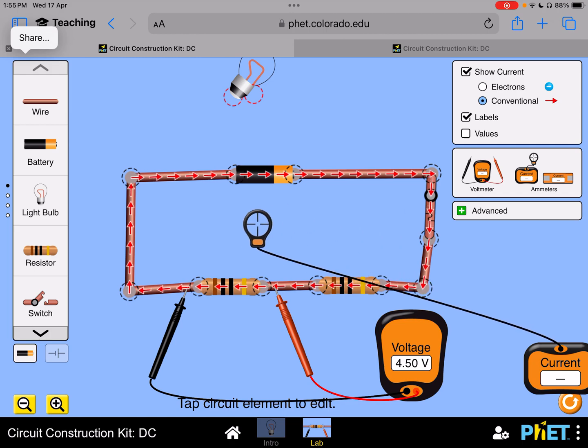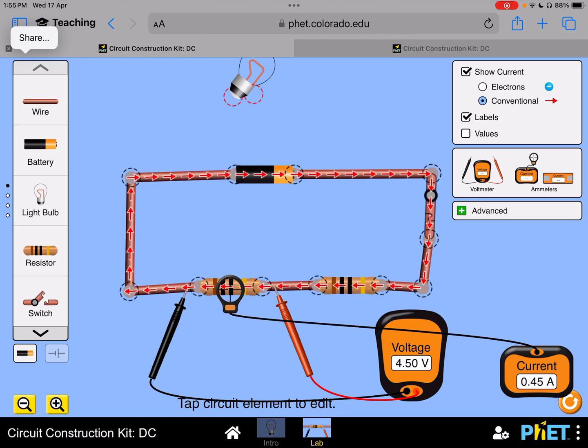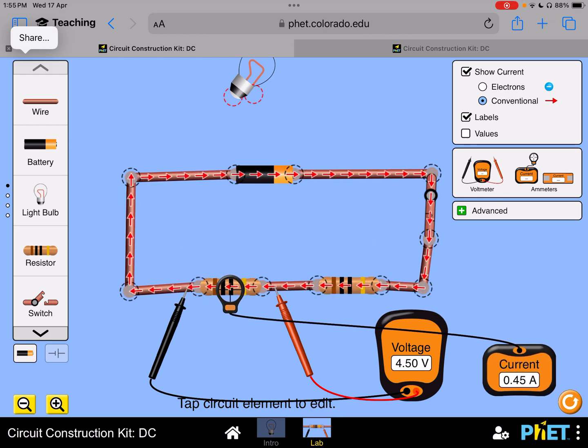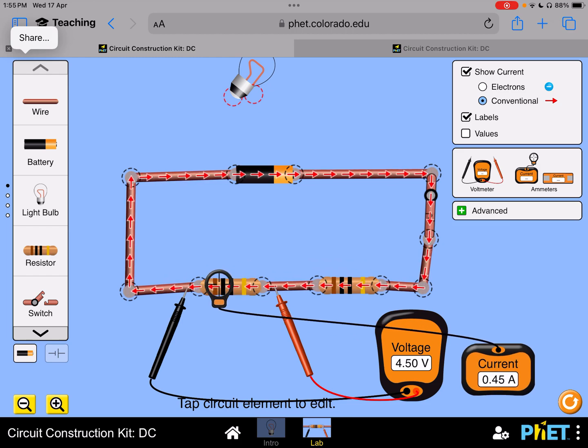And coupled with the current running through it, 0.45 ampere, you will be able to calculate the resistance of this resistor from R equals V over I.